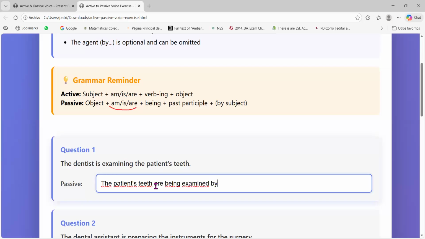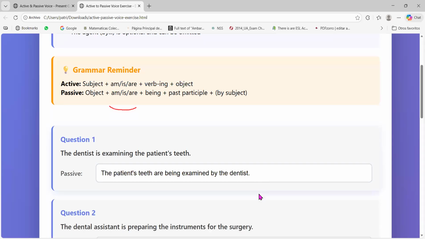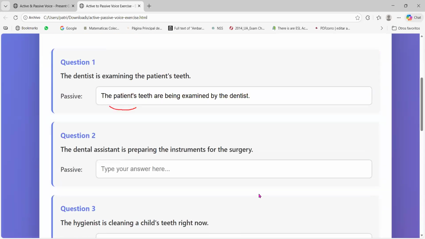By the dentist. Remember, my dear Mariana and my dear participants, by the dentist is optional, right? Now, the second.